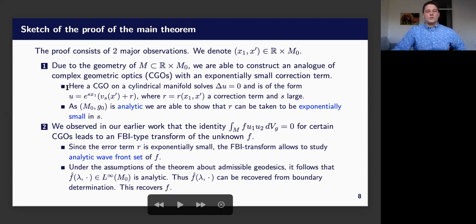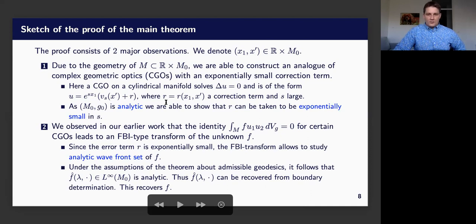So what are CGOs? CGOs on a cylindrical manifold. So cylindrical manifold is the same as transversally anisotropic manifold. They solve the Laplace equation now. And they are of the form u is e to the power s x1 times, in brackets, v_s, a function which depends only on the transversal variable x prime, and then there is r.